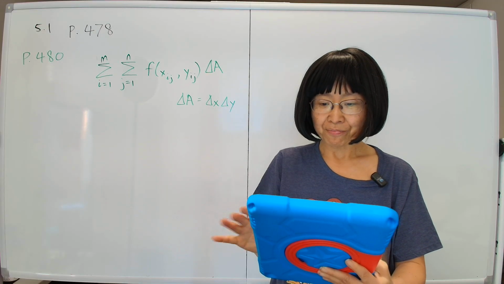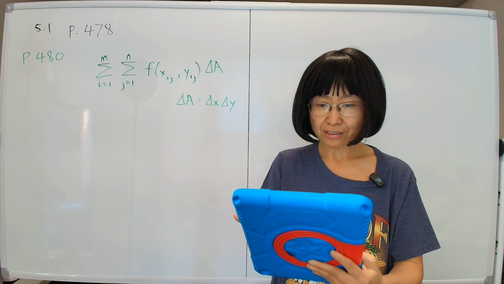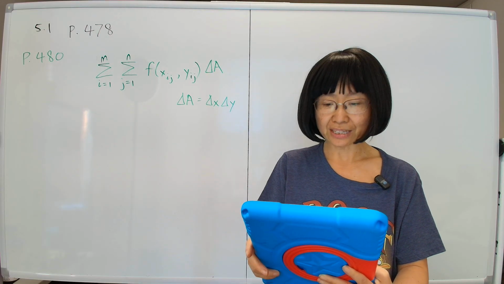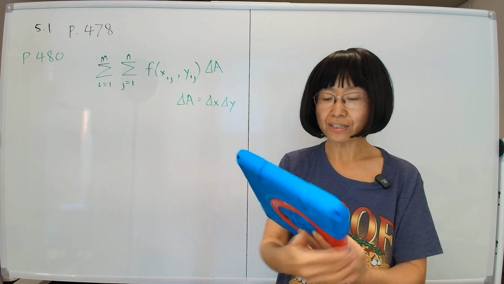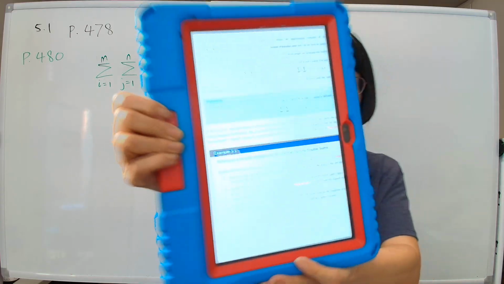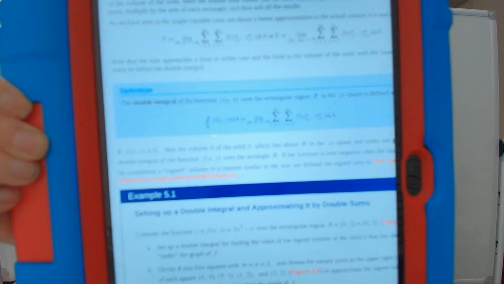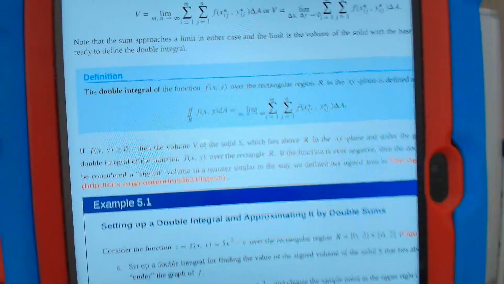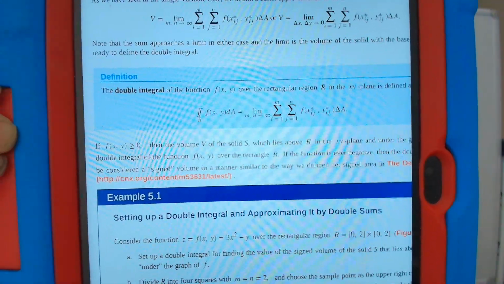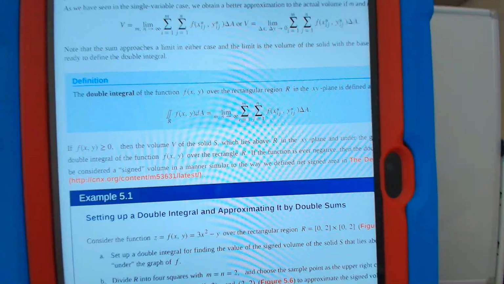That's the idea. So the definition, let's go to the next page, page 480, where you have the definition of the double integral, which, as you might imagine, means you're integrating over an area instead of just a line.